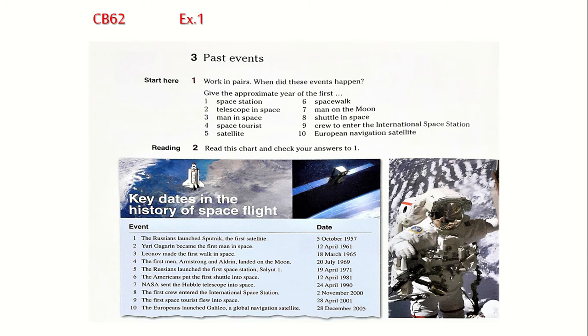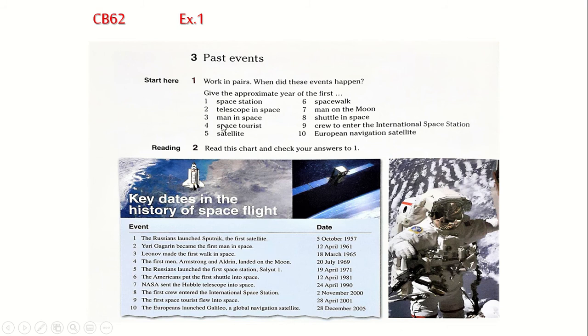Now, let's look at the book, exercise 1. Okay, here. We need to know when did these events happen. Events أحداث حصلت إمتى. The first space station أول محطة فضاء. What do you think? Which year?